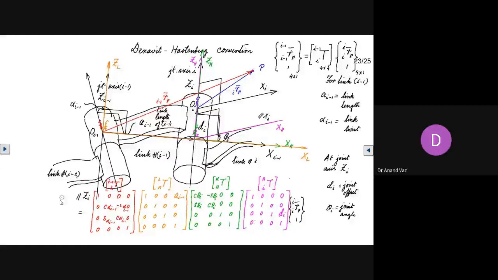If position is what you're talking of, then we can write it as the position of the point P as observed and expressed in the frame I. This is being operated on by a transformation matrix, the transformation matrix which we have mentioned from I to I minus 1.